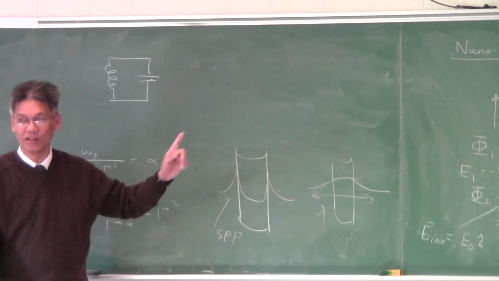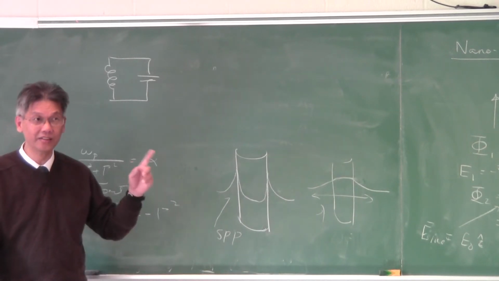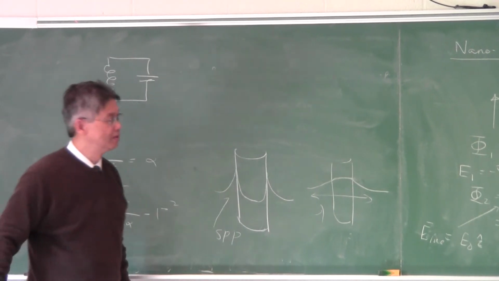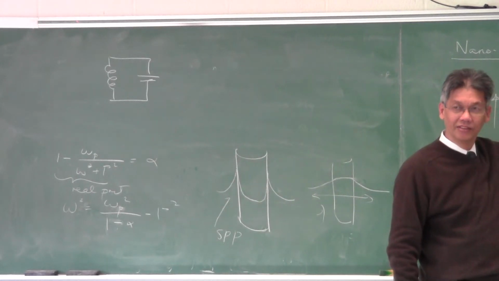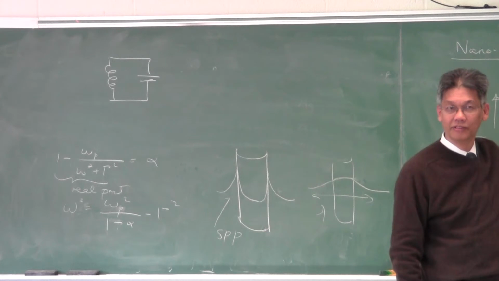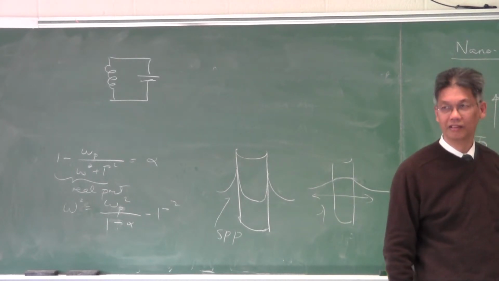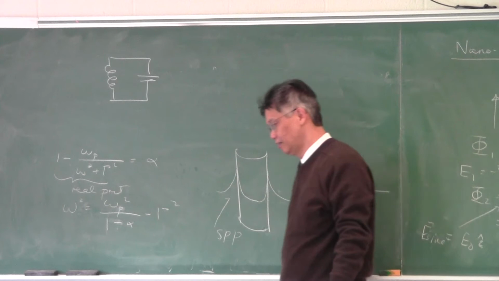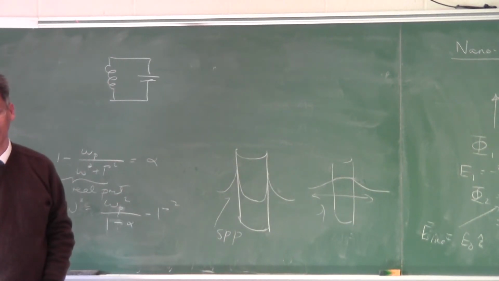Where does the negative epsilon come from? It comes from the inertia of the electrons. If this is a plasmonic particle, it has a lot of electrons in there freely moving about. Those electrons have inertia. They are reluctant to be moved unless you apply an electric field. The reluctance to move about is an inertia that behaves like an inductor.